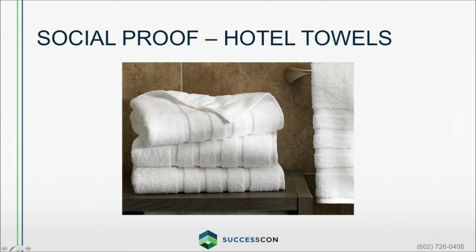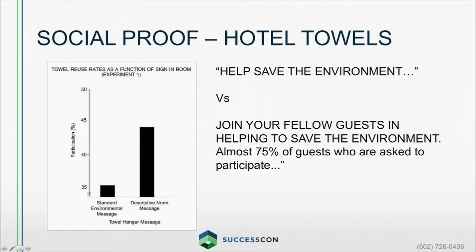The quick story that comes from this book was the hotel towels. There was a study that he ran, the author, and it went something like this. 2 groups at the same hotel were presented 2 different messages when they're talking about reusing towels. So obviously the hotel wants the guests to reuse the towels as often as possible because it cuts down on costs and all the other stuff.